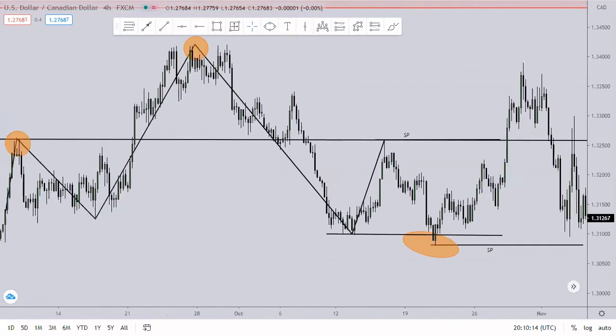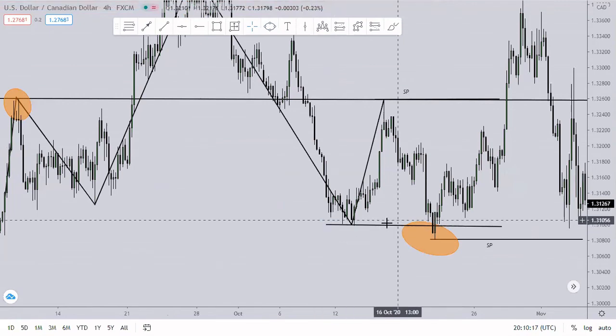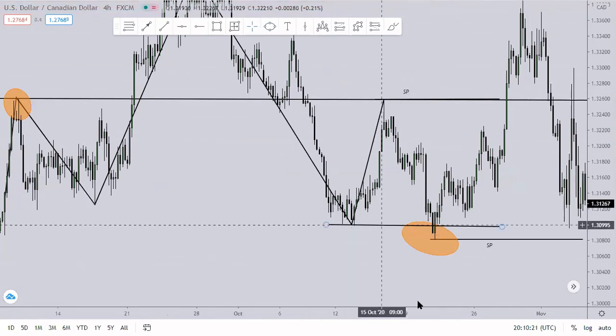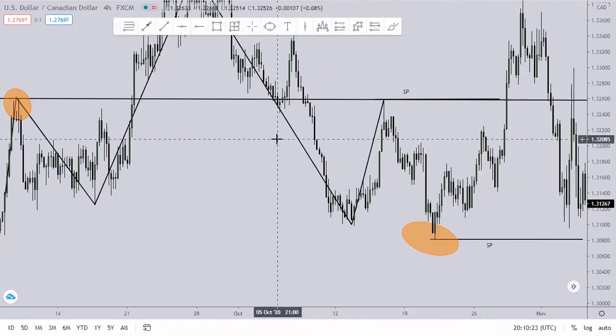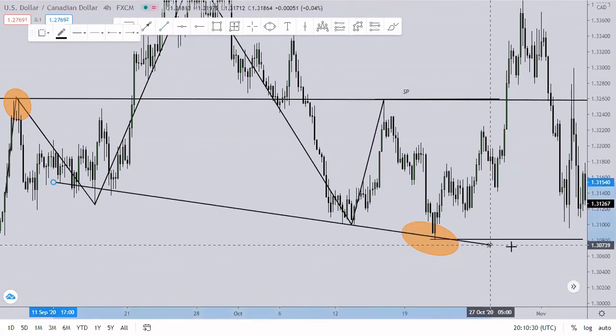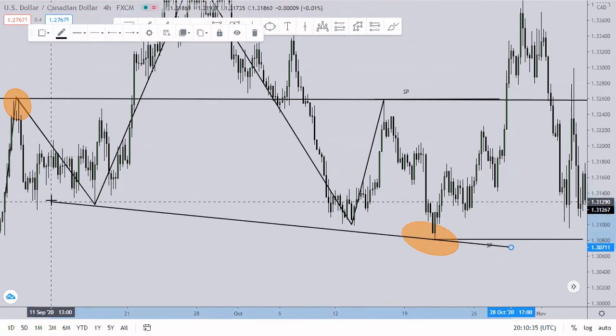Look, nice rejection. So assuming this black line here, we said we're going to use a neckline, so let's stick to that. Sometimes a neckline slants like this. This is what I'm talking about.